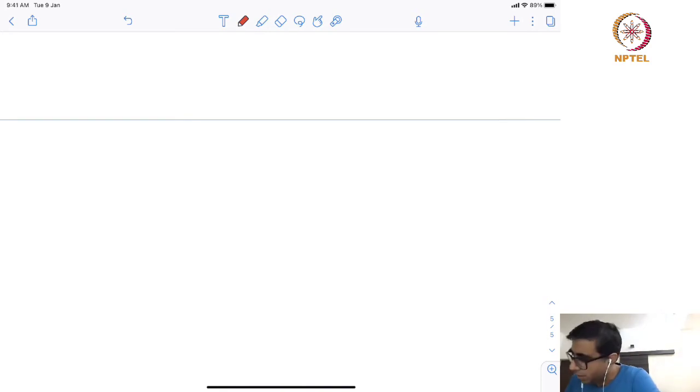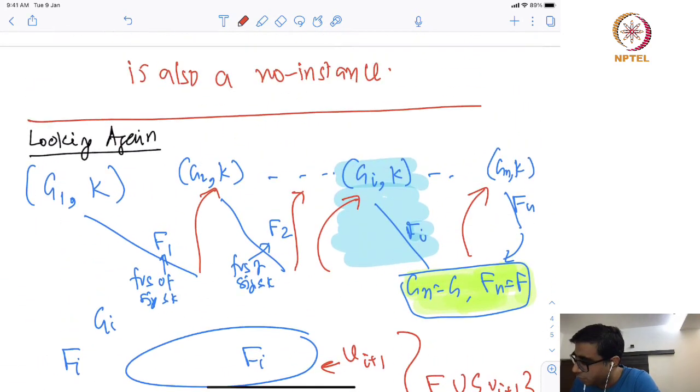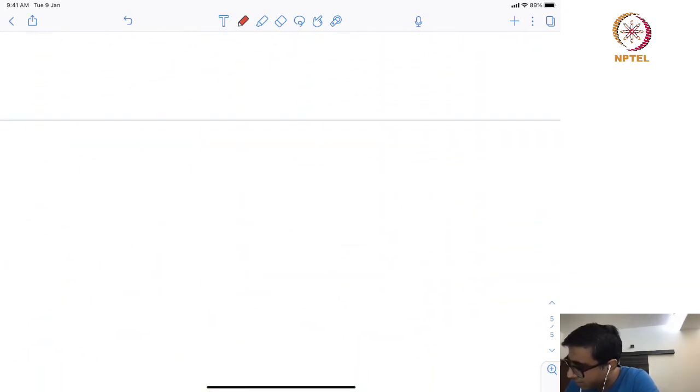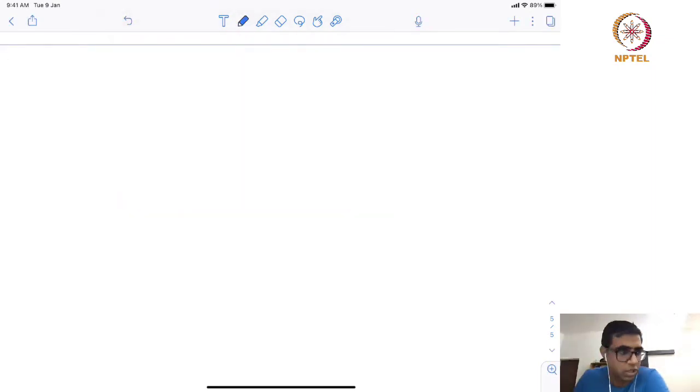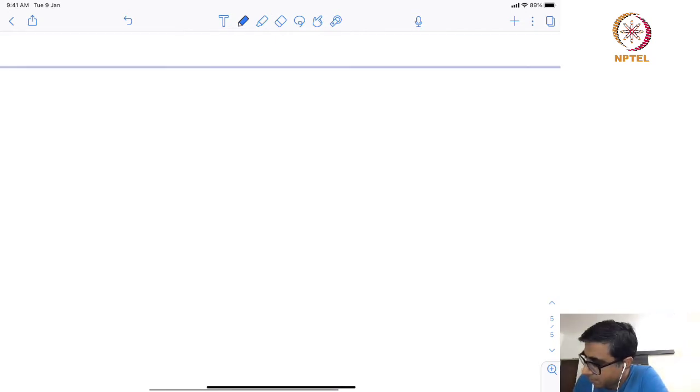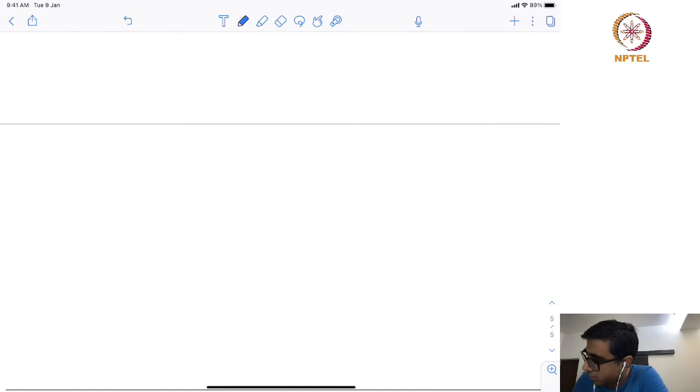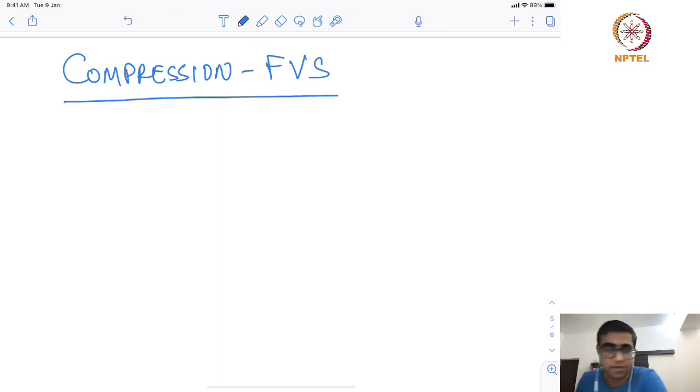Now, if we specialize ourselves to feedback vertex set, let us ask ourselves what problem we are actually getting. As the name suggests, we are going to call it compression FVS, or compression feedback vertex set. What is compression feedback vertex set?